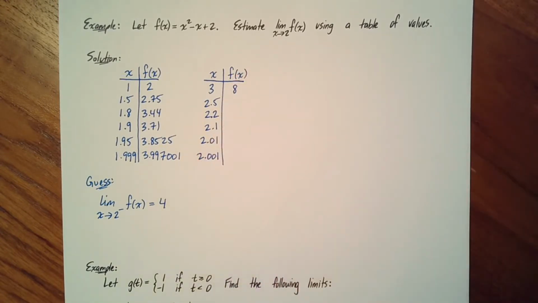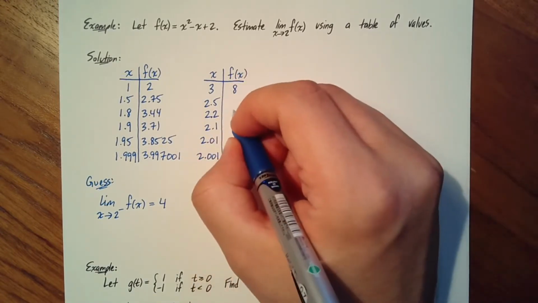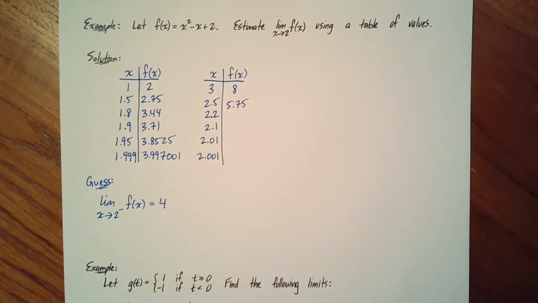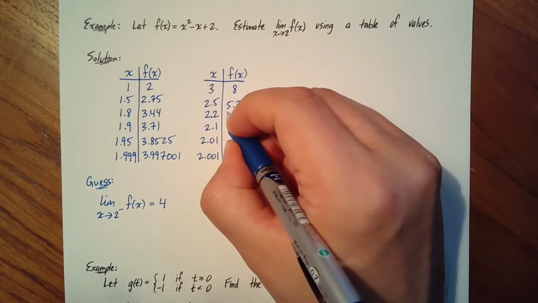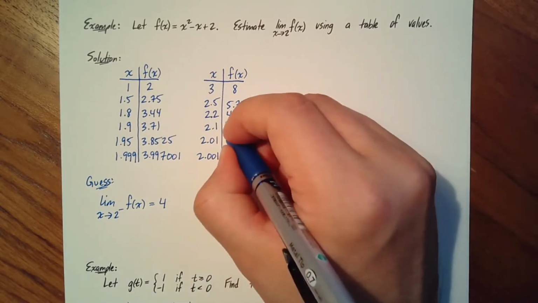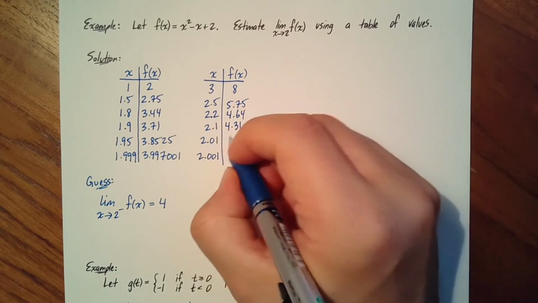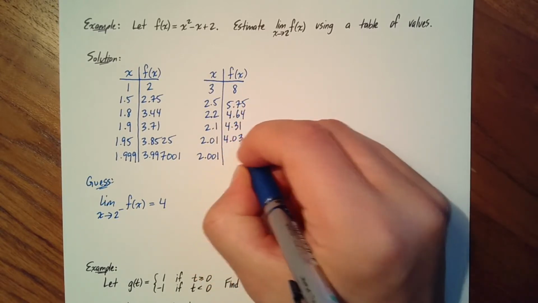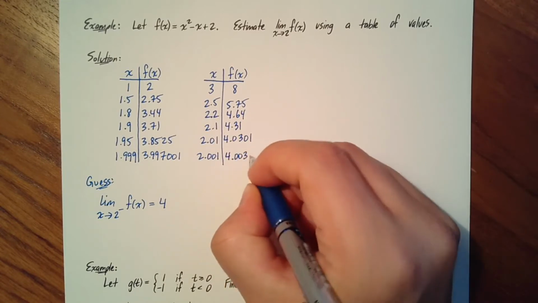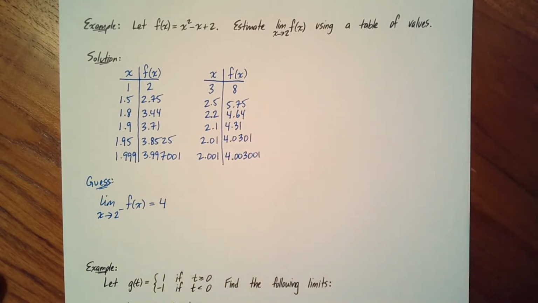If you plug in 3, you end up getting 8. If you plug in 2.5, you get 5.75. If you plug in 2.2, you get 4.64. And the rest of the numbers are 4.31, 4.0301, and then 4.003001. A neat little pattern for those last 3 numbers.